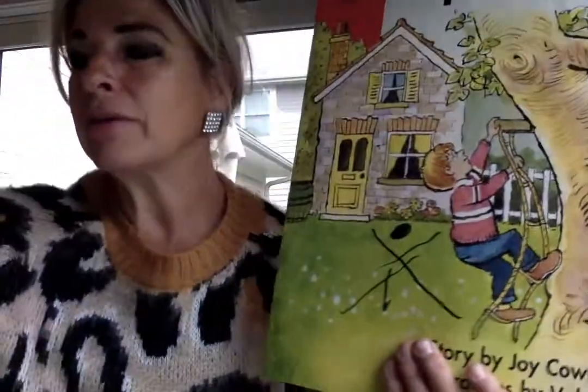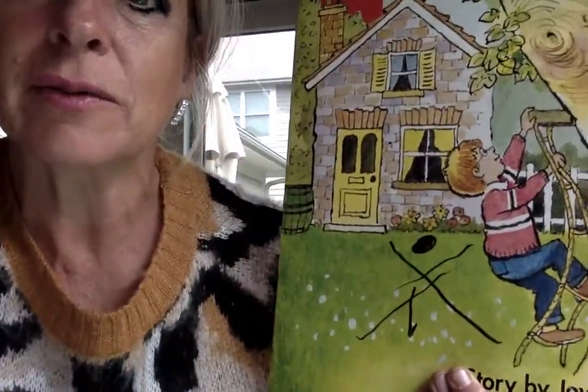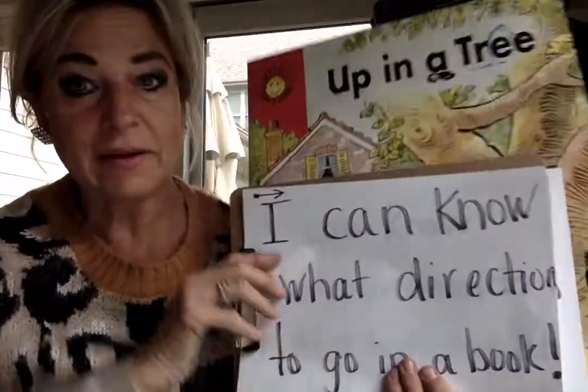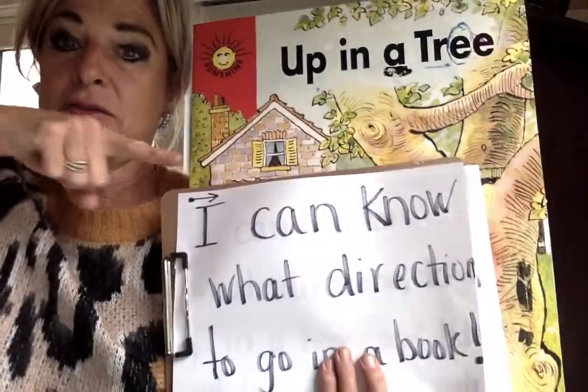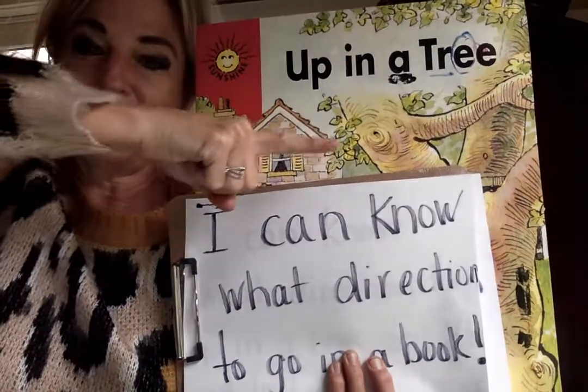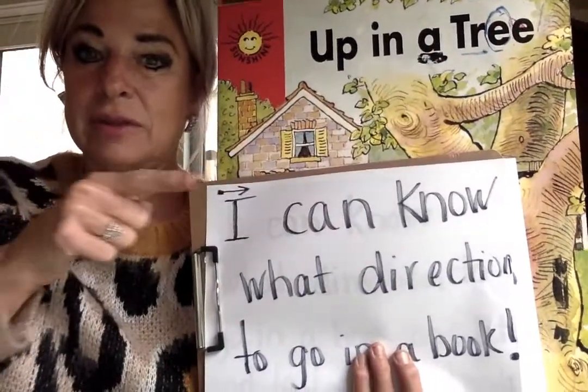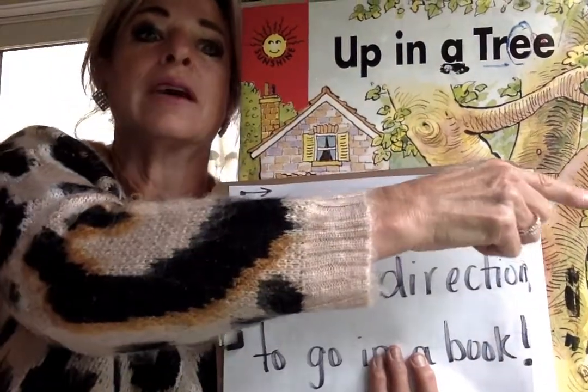Very, very good, boys and girls. You are learning how to move through a book and what direction you should be going. Which way do you go? It's always that way. Point to the direction you go when we read. Very good. When we sweep, we go like this, but then we read again that way.